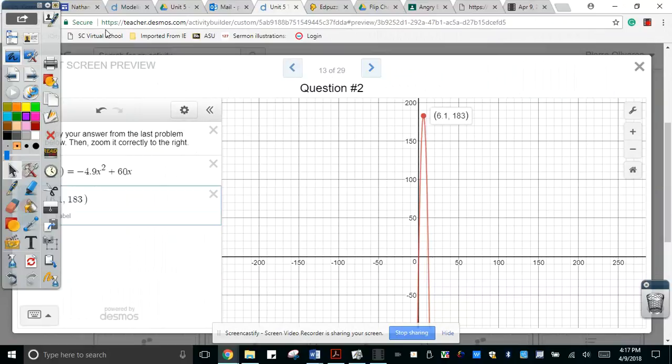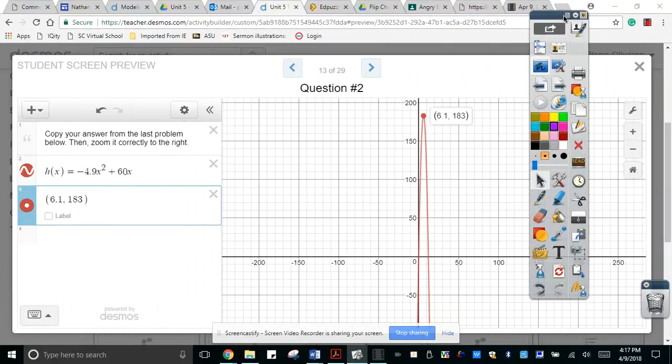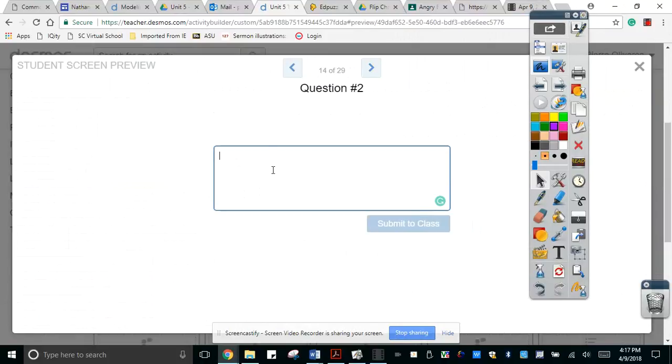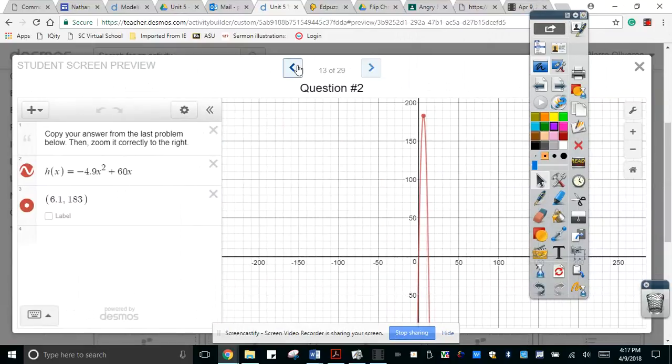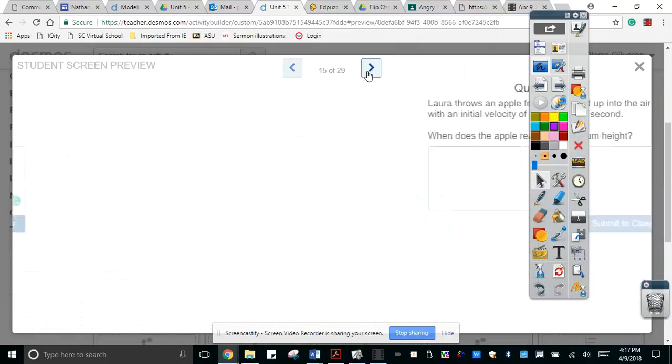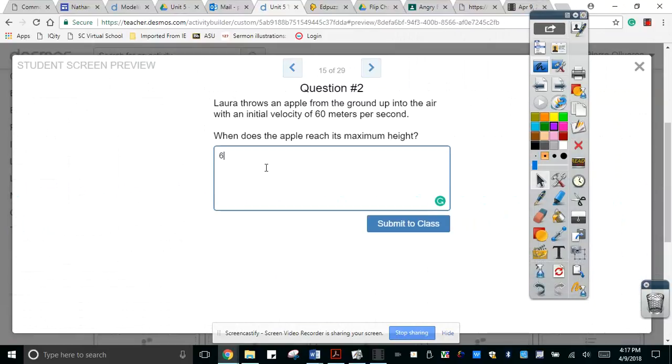There you go. That's good enough. All right, and then go to the next problem. So what's the maximum height? The maximum height is 183 meters. When does it happen? At 6.1 seconds.